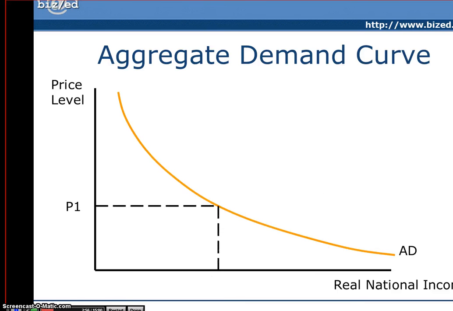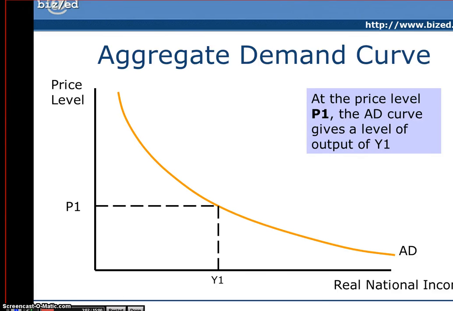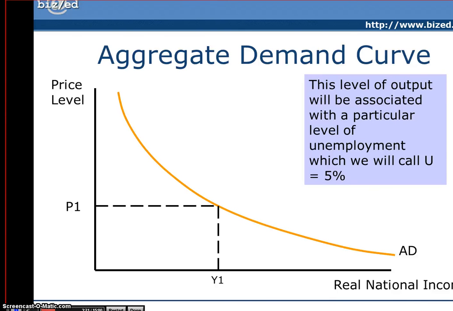So here's our aggregate demand curve, often drawn just as a straight line, up to you. At the price level P1 or PL1, I tend to use PL1 myself, the aggregate demand curve would give a level of output of Y1. That's how much would be demanded by all those sectors, consumers, producers, government, and the overseas sector at that price level.